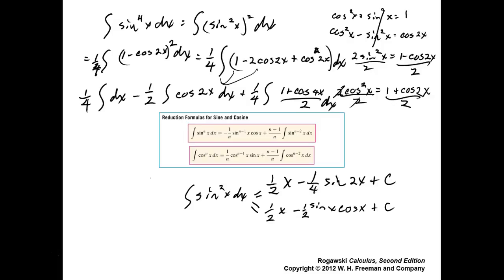When you have cosine squared of something, that becomes 1 plus cosine twice that. So we're going from the squared to this form. And that was a 2x already, so when you double that, it becomes 4x.